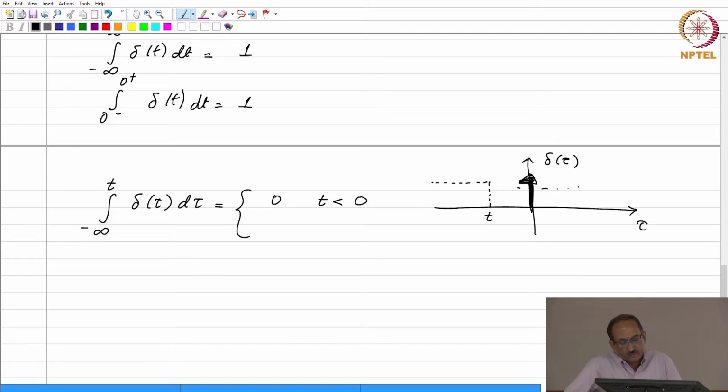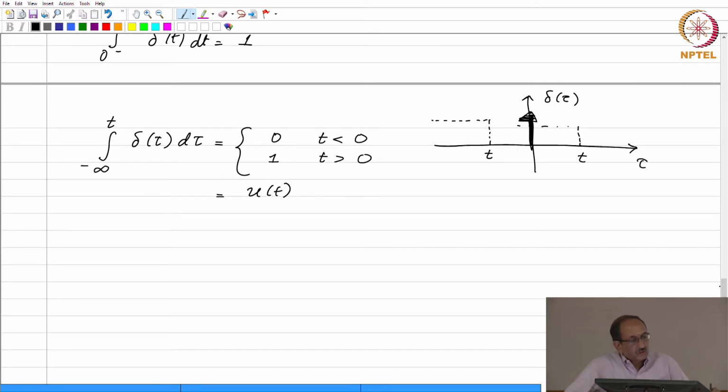The other possibility of course is t being greater than 0, in which case the running integral value is 1, and lo and behold, a function that is 0 for t less than 0 and 1 for t greater than 0 is nothing but our usual unit step function, right. Therefore, we have this relationship: the integral from minus infinity to t of delta of tau d tau is nothing but u of t, and then we bring in what is well known to us. Then we say d by dt of u of t is delta of t, correct?